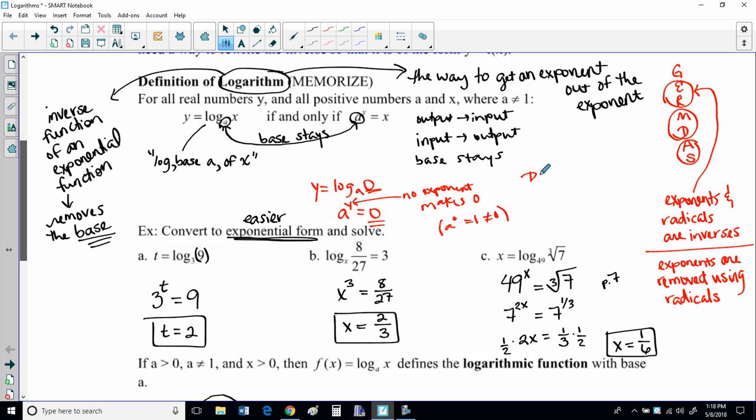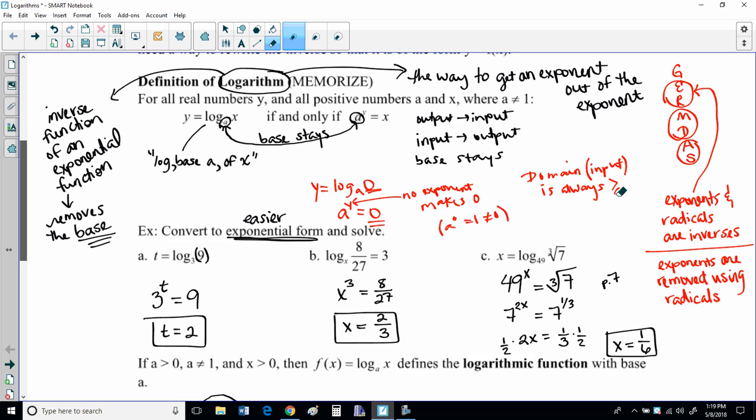So the domain, oops, dyslexic, try it again. Domain, which means input, is always greater than 0.